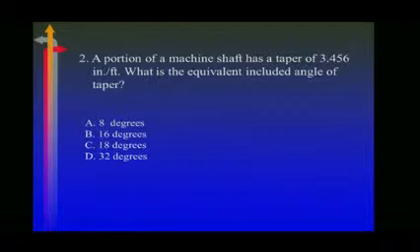Come on. 3.456 per foot. Think. Think. This time. Read that. Oh, you did. Yeah. Surrender.